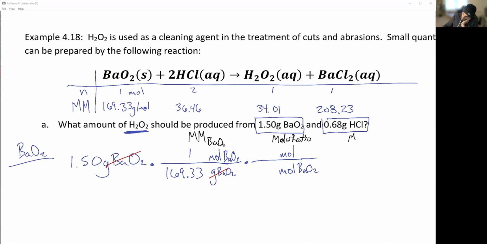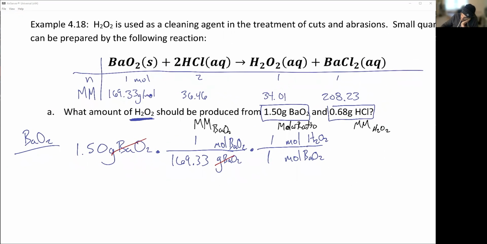And then finally, it's going to be the molar mass of my peroxide. So moles of barium peroxide, we want to convert into H2O2. And 1 mole of H2O2 is equivalent to 1 mole. That makes life easy. Our units cancel.